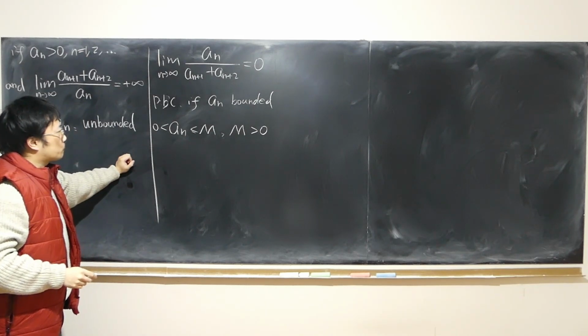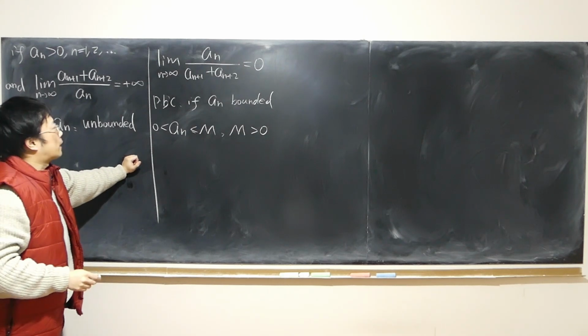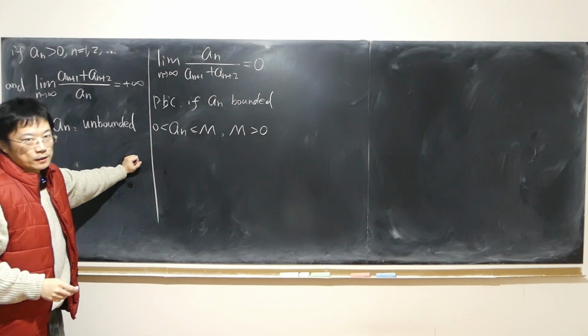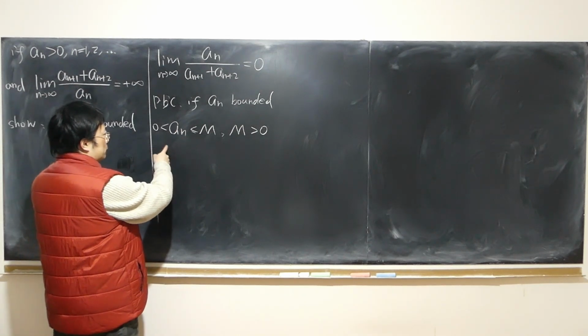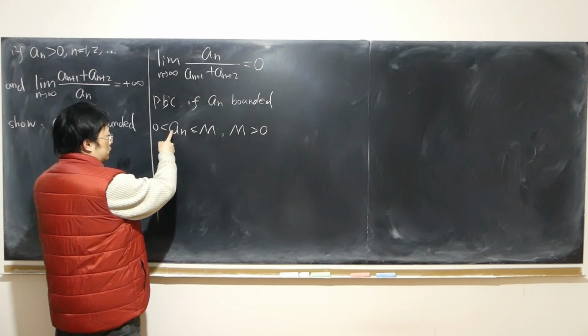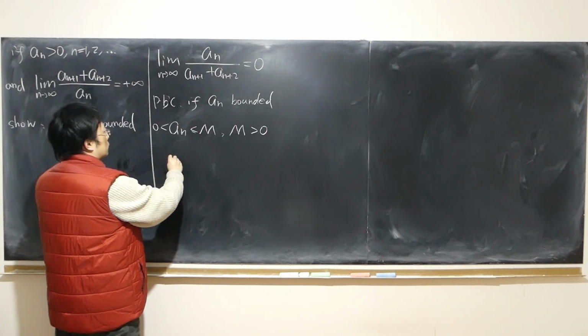So what's going to happen? If that's the case, then I can claim that a_n must tend towards 0. Why? Because if a_n is less than or equal to m, that means its reciprocal must be bigger than or equal to 1/m.